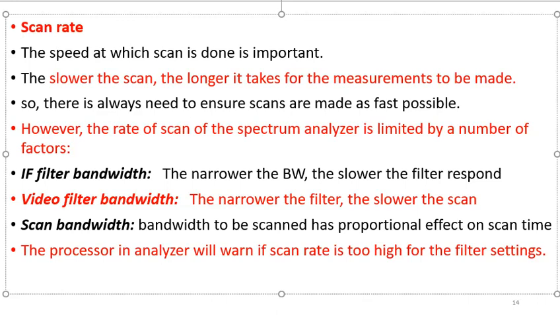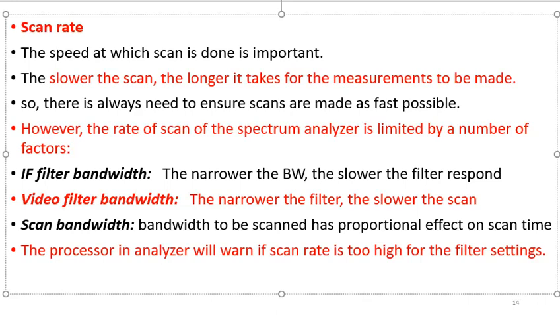And the faster the scan rate, the better the operation. Why? Because whenever the scan rate is very slow, it will take a longer time for a measurement to be made, which means we always need to find a way of increasing the scan rate. And we have different ways that we can increase our scan rate.